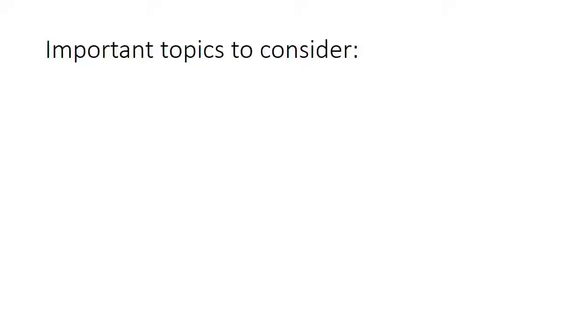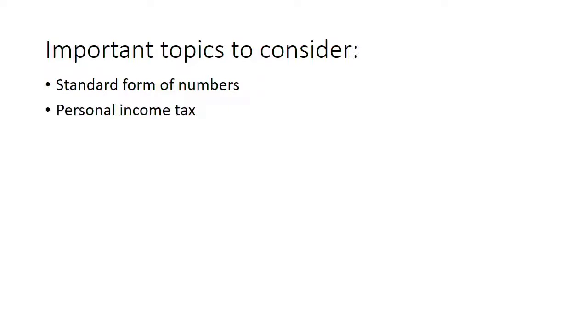This is just a list of some of the topics that you need to consider. You need to be able to write numbers in their standard form. You need to be able to work out your personal income tax. You need to be able to read your municipal services bills.